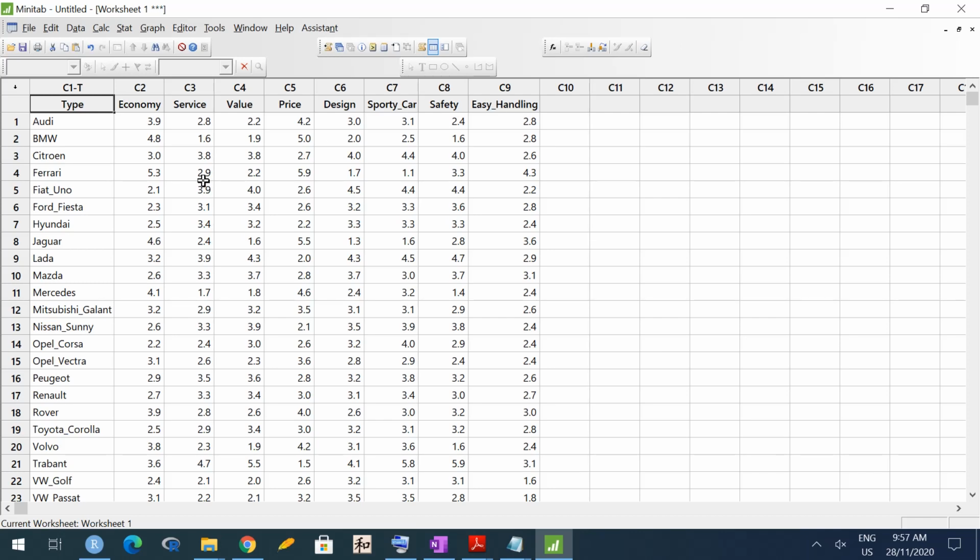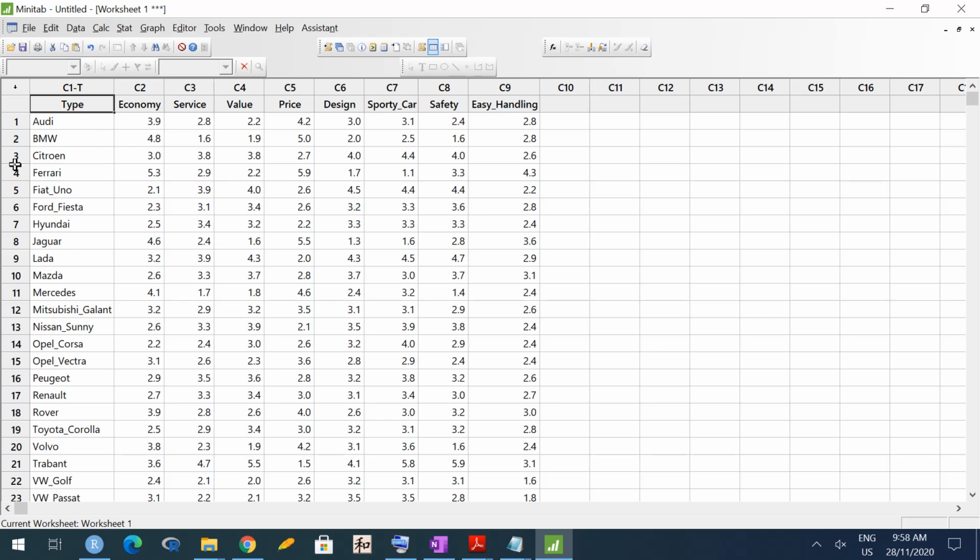Remember, this dataset comes from Germany, so the numbers may not be as you expect them because the grading is kind of like ranking. So 1 actually means the best and 6 actually means the worst.